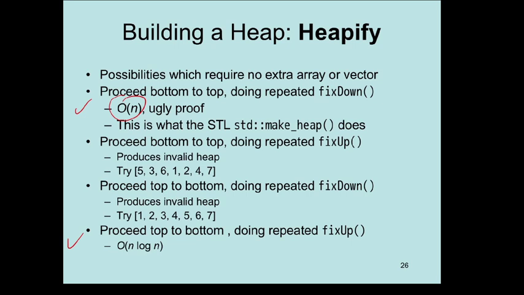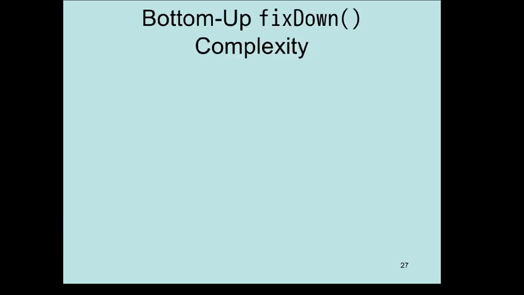Now, the proof is a little bit ugly, so I'm going to give you a hand-wavy proof for this. For bottom to top fix down, I'm going to make a table.